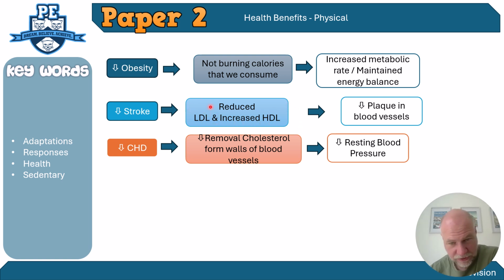If you think low, it goes down, and if you think high, it goes up in the air, so increasing the high density lipoprotein. This results in us having less plaque in our blood vessels. Plaque is the buildup of fats and cholesterol inside the blood vessels, which then restricts the blood flow. So if we've got less buildup, there's less chance of a stroke.